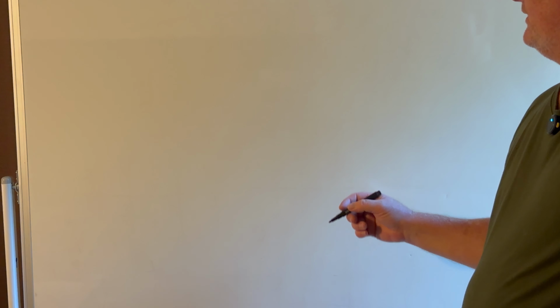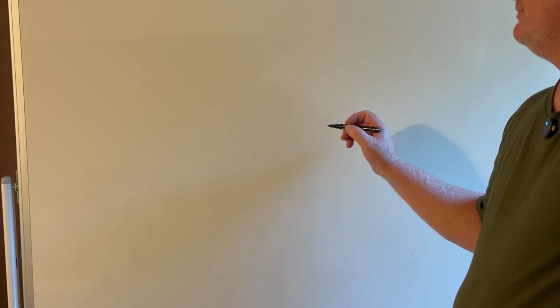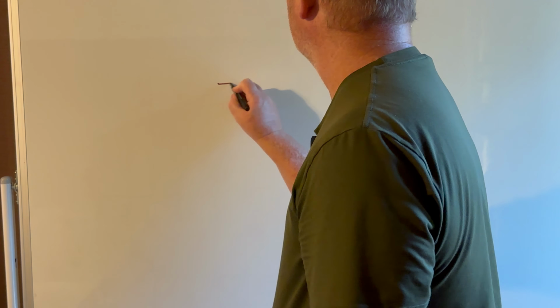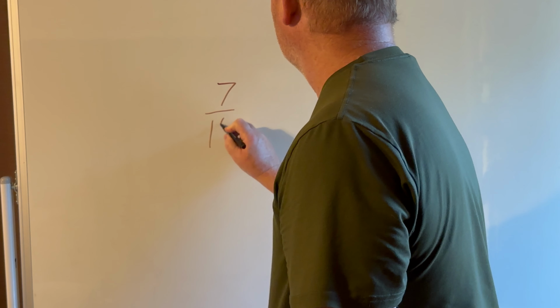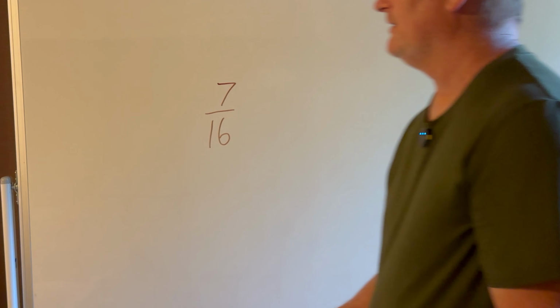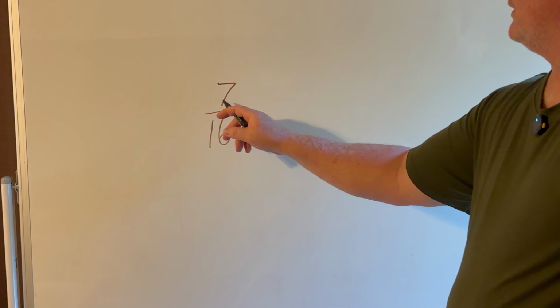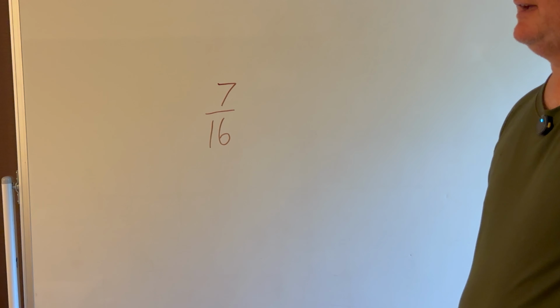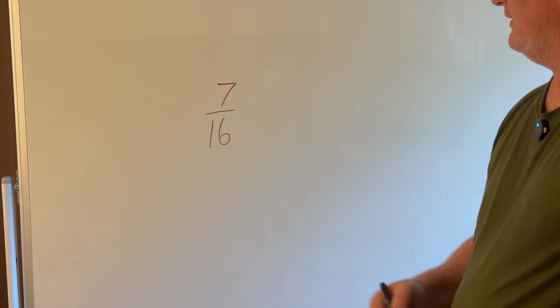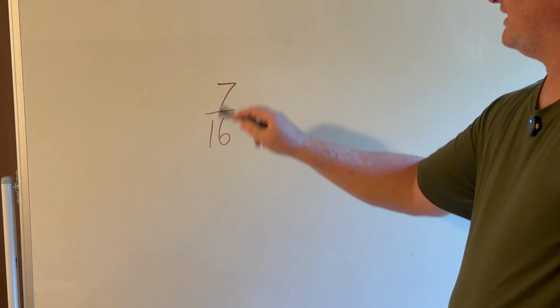So let's do 7. Let's take 7 16ths. We're going to be 1/16 less than half. That's less than half. How do we know? Because 8 is half of 16.